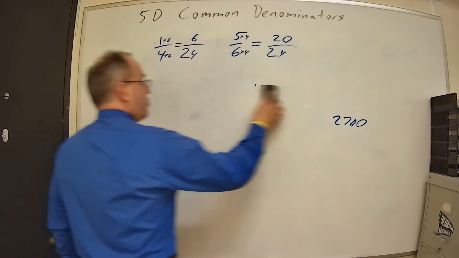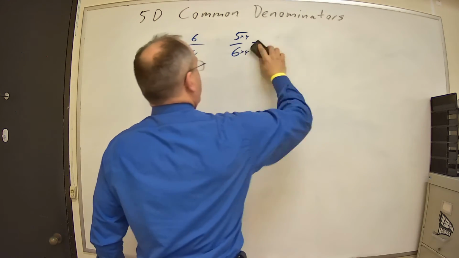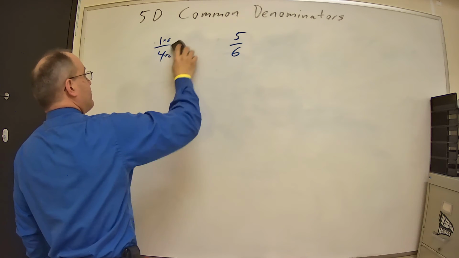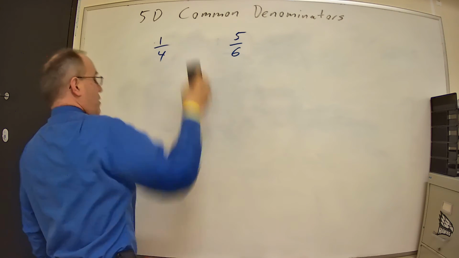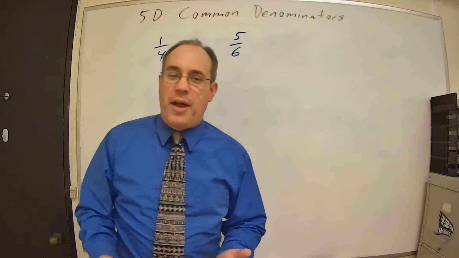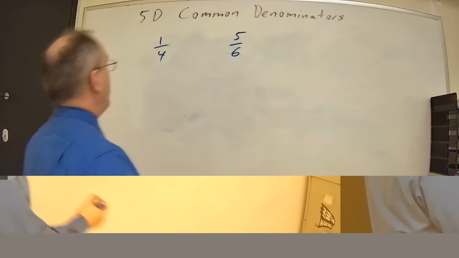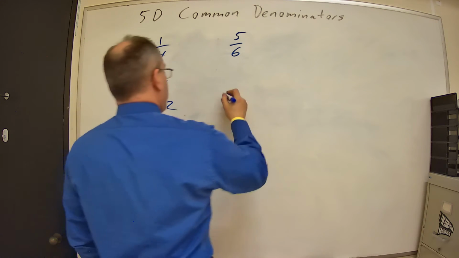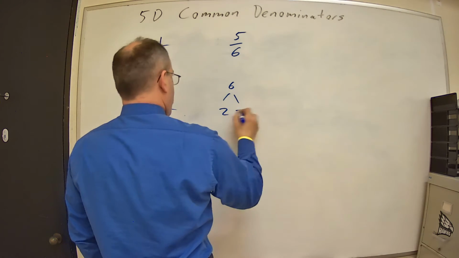Another method we can use is we can bring into play prime factorization again. And I know you may not particularly enjoy prime factorization, but it'll work. 4 gives me 2 and 2. 6 gives me 2 and 3.